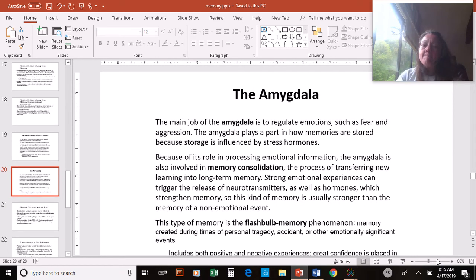And then the amygdala. So another big thing at play in our memories is the limbic system, our emotions, right? We know that has a lot to do with our emotions. So we see the amygdala come into play here.